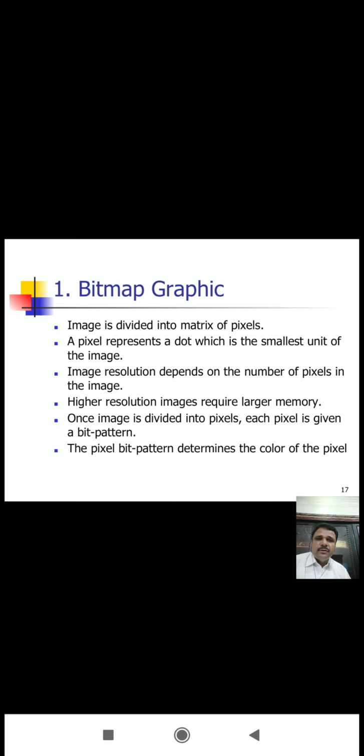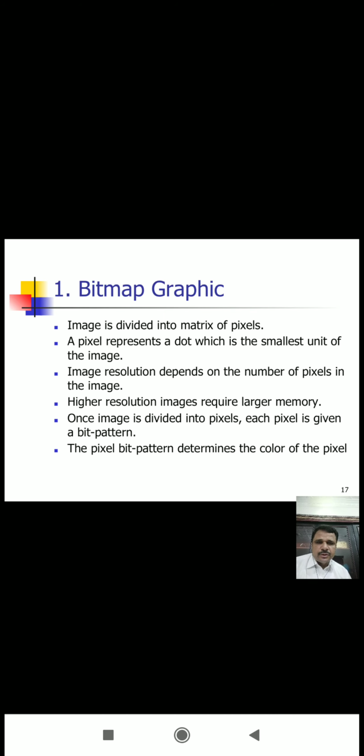Then come to image resolution. You know about image resolution. It is the number of pixels in the image. Say, for instance, if the image resolution is 1080 multiplied by 750, then this is the number of rows and the number of columns. The total number of pixels will be the product of this.